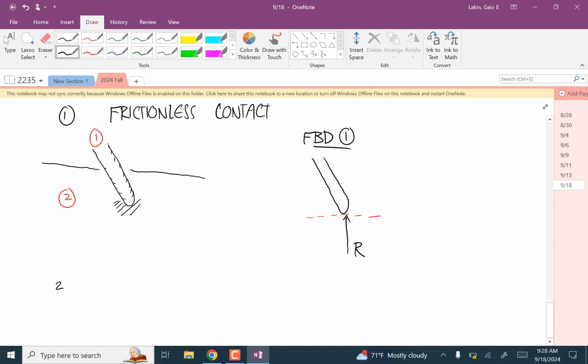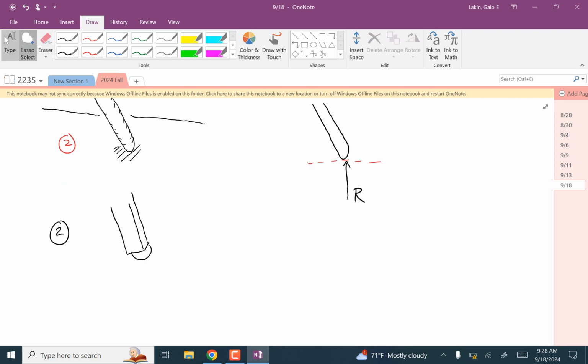And the second one in this category would be a roller. So I'm going to try to draw this. Oops, I didn't give the title. So this is a roller.